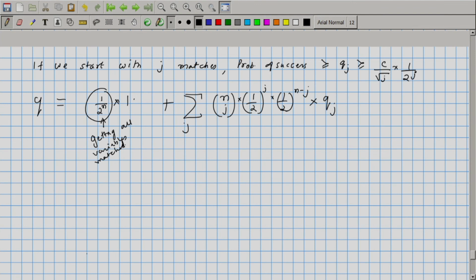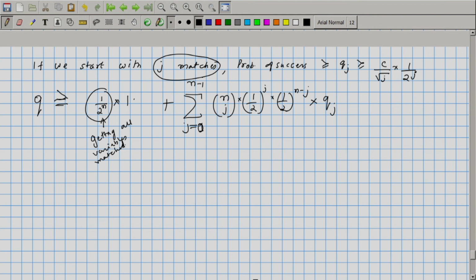The overall probability of success, if you denote it by q, q is going to be greater than or equal to 1 by 2 into 1 plus j going from 1 to n minus 1. Okay, so, if we think of j as the number of matches, this goes from j equals 0 to n minus 1.